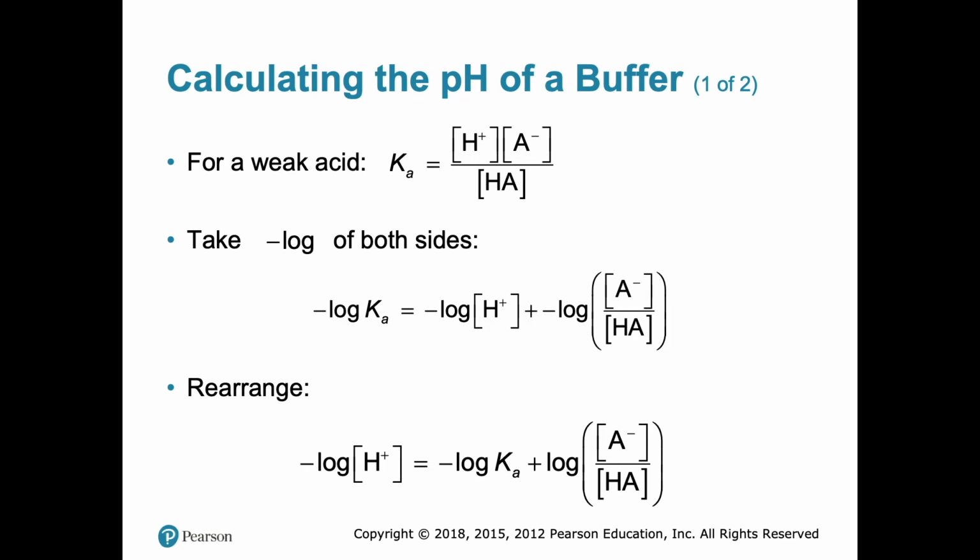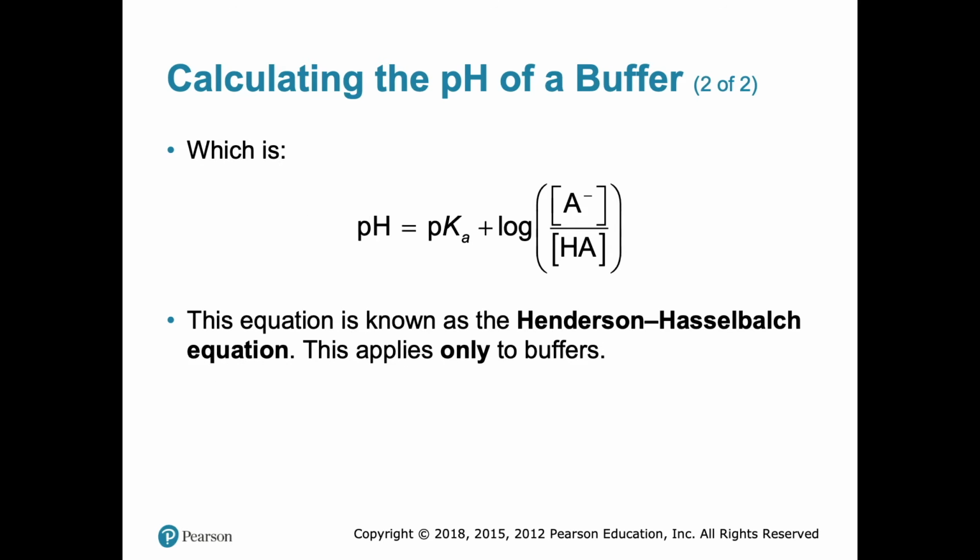And this is actually a very, very common equation. Oh, by the way, does anybody remember what P stands for? I talked about this before. The letter P, when you put it in front of anything, what does it mean?